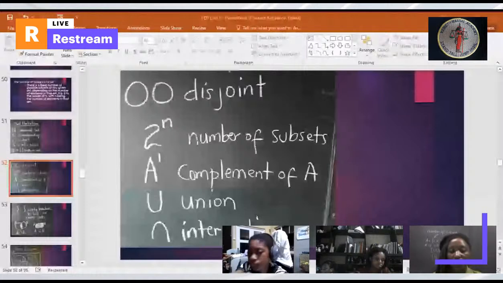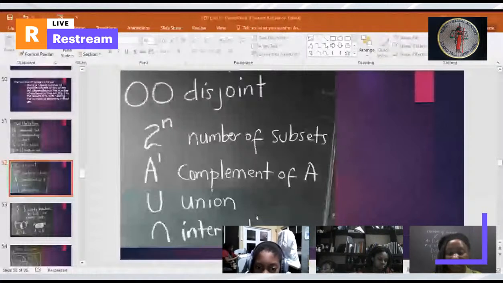They have a complement. The complement of set A refers to those elements that are not found in set A. The union of 2 sets would be all the elements that are in both sets combined. And the symbol for that looks like a U, but it does not have that little curve at the side.